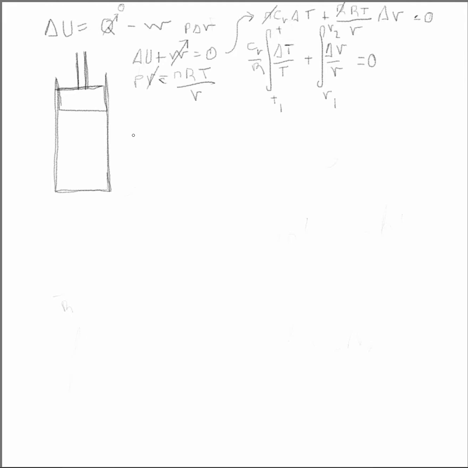We can combine the arguments, and instead of having a minus sign, we get a division inside the argument. This is multiplied by C sub V over R. And it's the same thing here, V2 over V1.